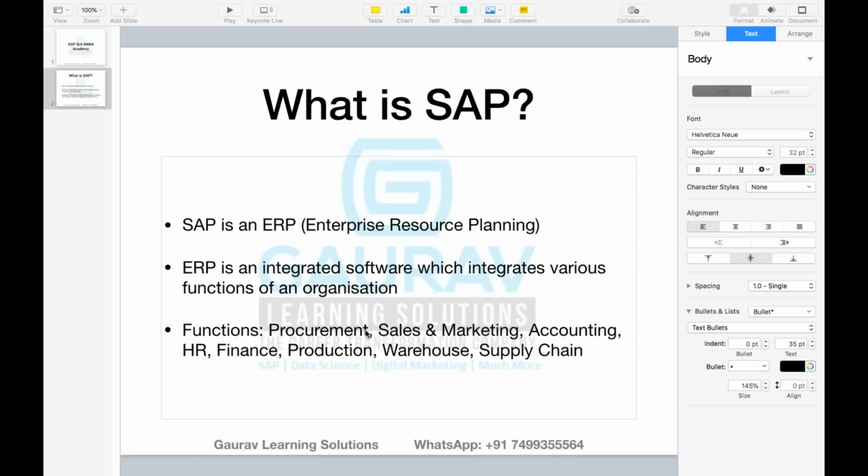As a procurement team, how will you be able to know that whether the material has been received in the warehouse or the invoice has been received in the accounting department or not? There is manual work involved. You will call the warehouse team or you will send a mail to the warehouse team asking them that this vendor is asking for payment. Have you received the material?